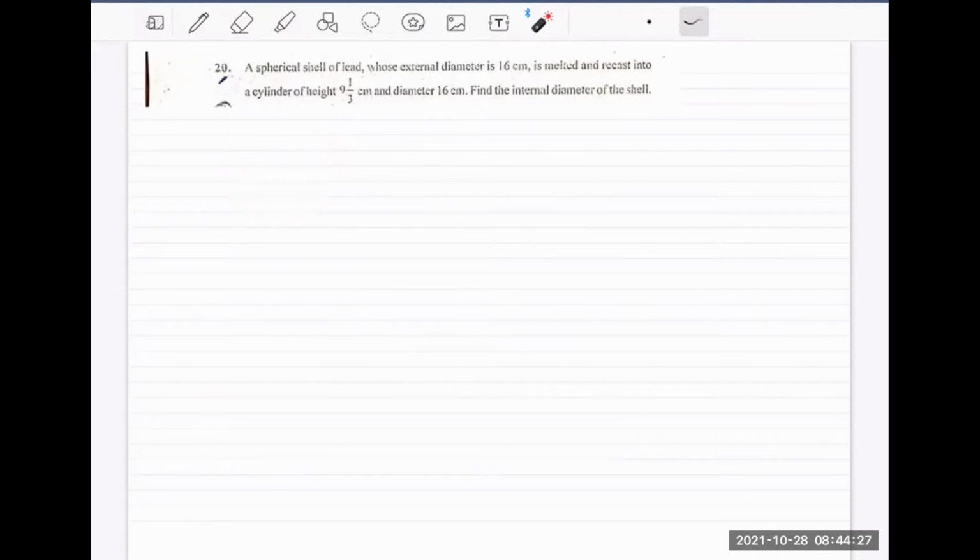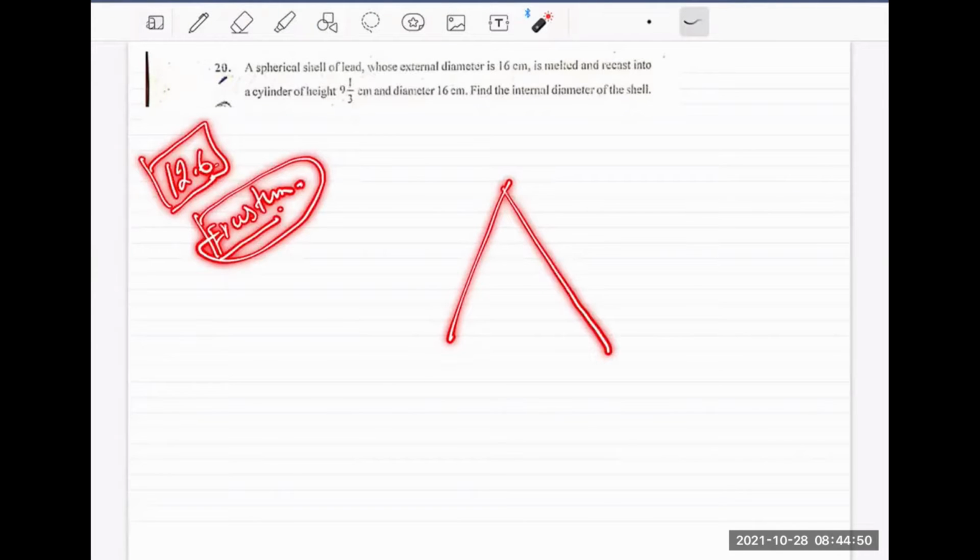And don't worry about the last exercise, 12.6. Is it 12.6? I think it is, right? Yes, it's 12.6. So don't worry about the 12.6 portion, the frustum part. A frustum looks like this: you have a cone and then you cut it off here.